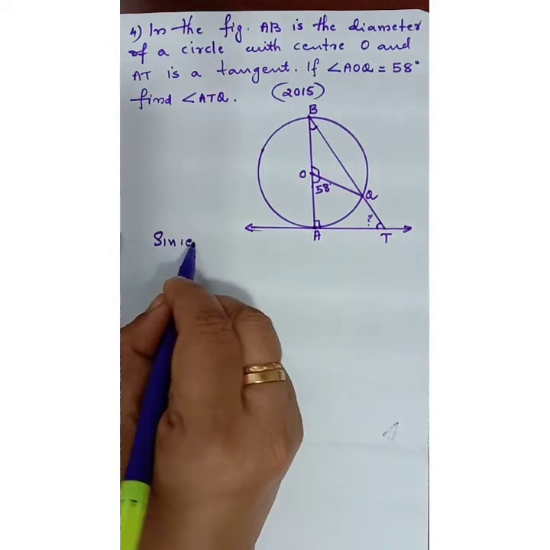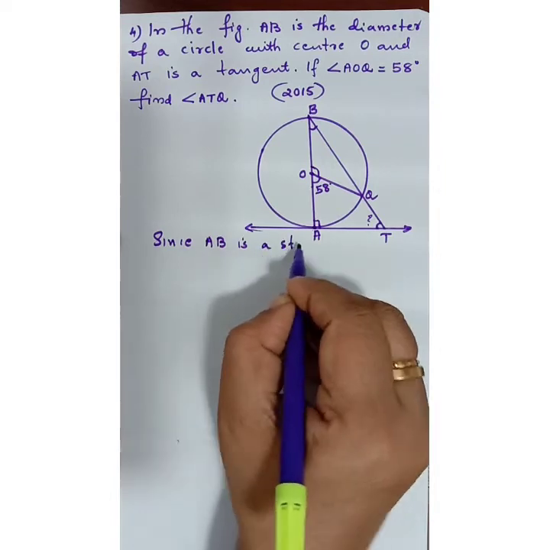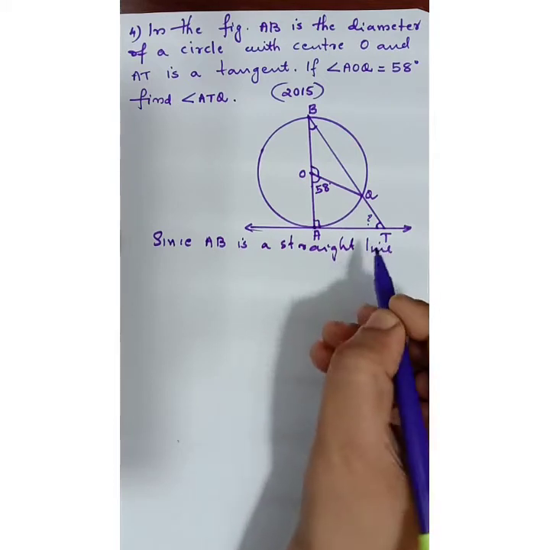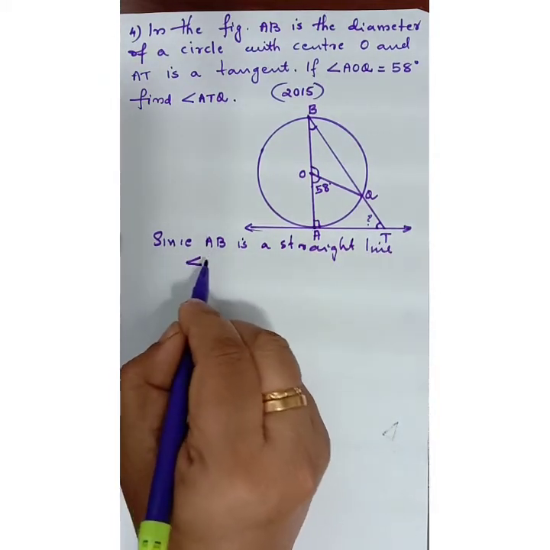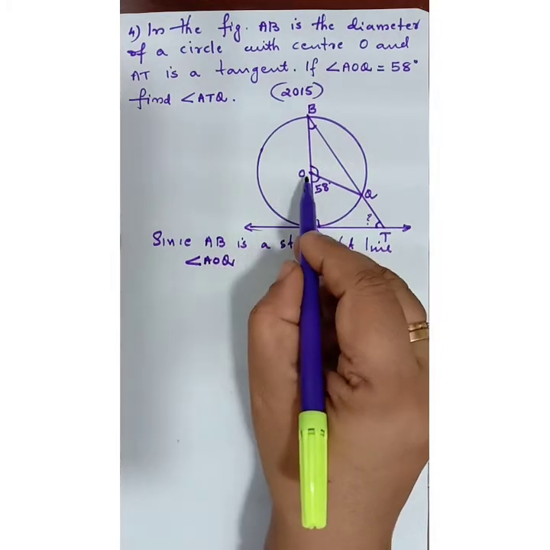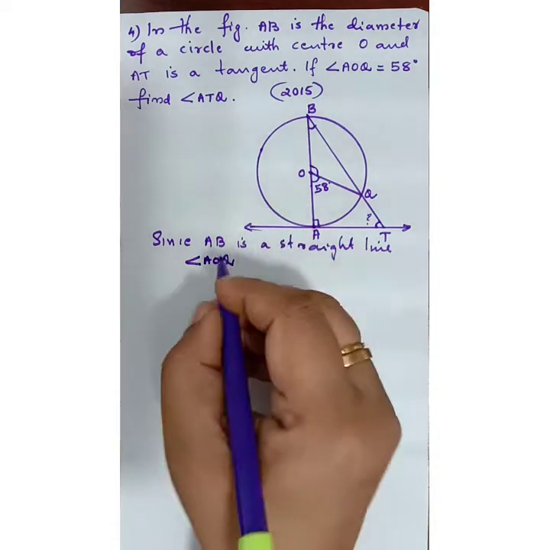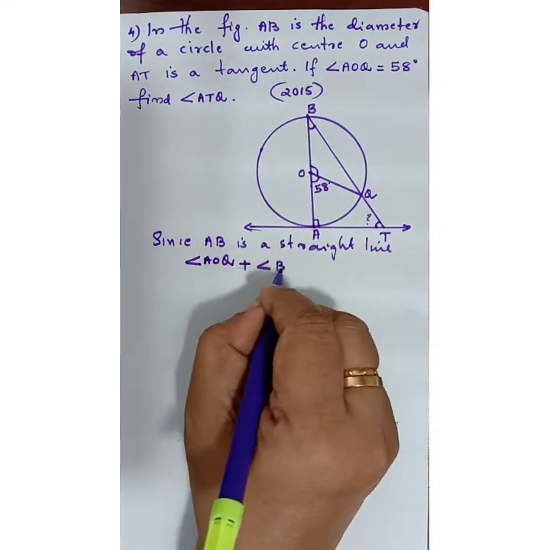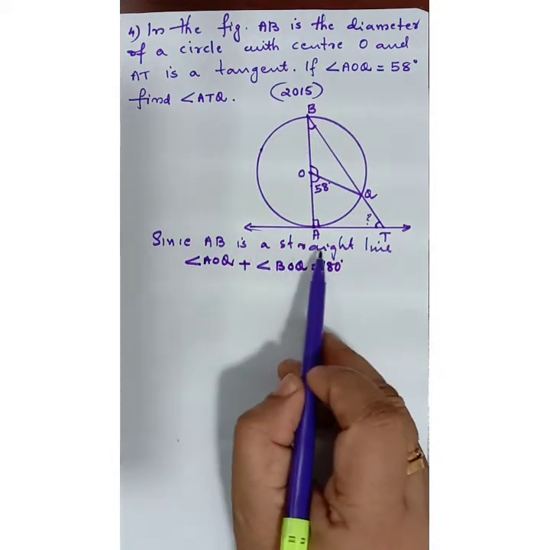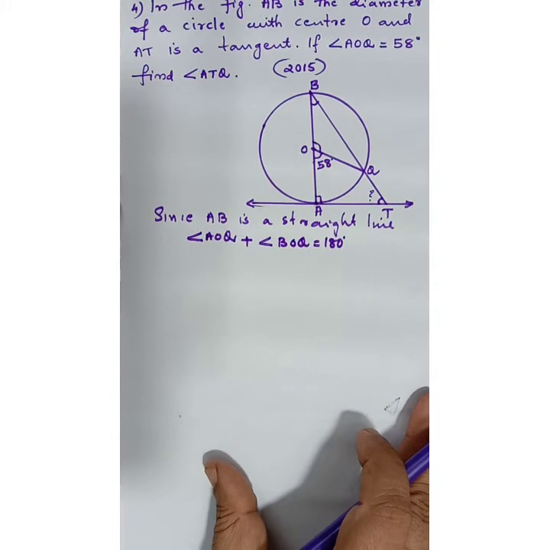Since AB is a straight line, angle AOQ plus angle BOQ is equal to 180 degree. This angle is called angle AOQ and this angle is called BOQ. The reason we have already written: it's a straight line, or by linear pair axiom.